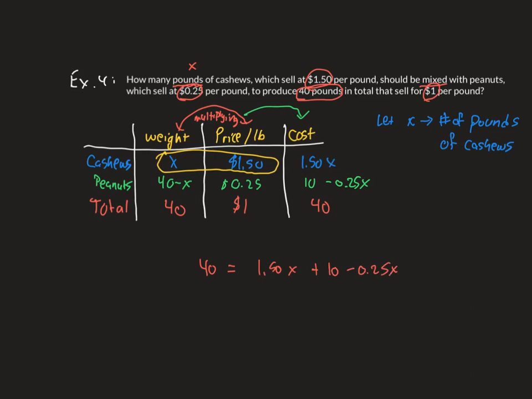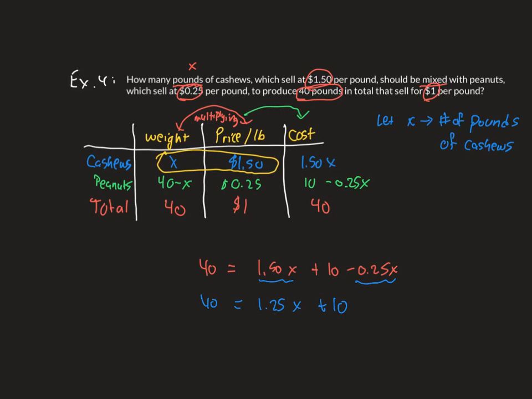All right, so let's collect our like terms. So $1.50 minus 0.25 should give me $1.25x, plus 10 is equal to 40.